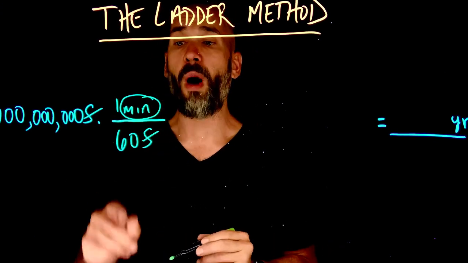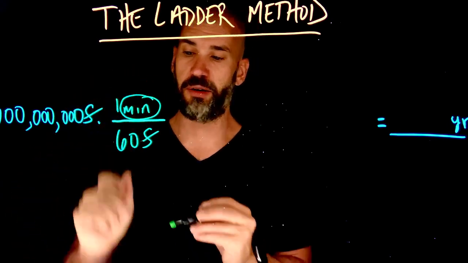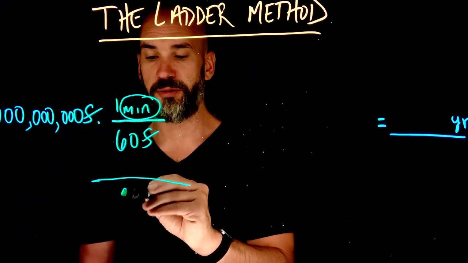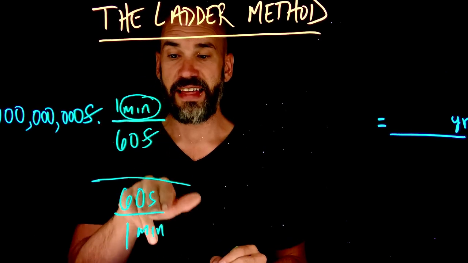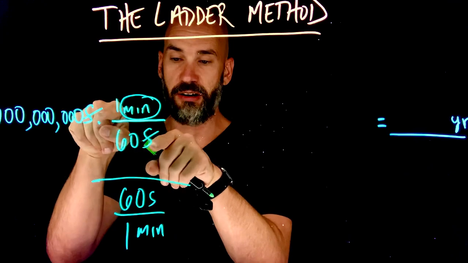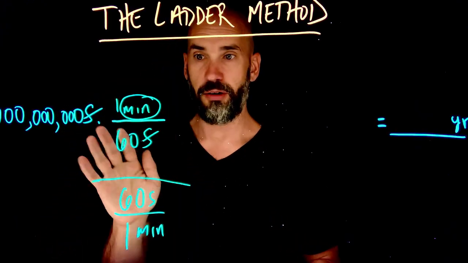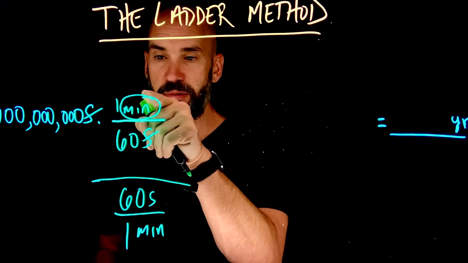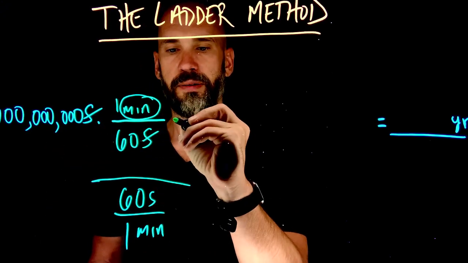Why did I put 60 seconds on the bottom instead of the top? You might imagine I could have multiplied this by 60 seconds over 1 minute. If I did that, the seconds wouldn't cancel. You see here I have seconds on bottom and seconds on top. Seconds wouldn't have canceled. That's a no-no. We want seconds to cancel and to be left with the next biggest unit. And so, great.